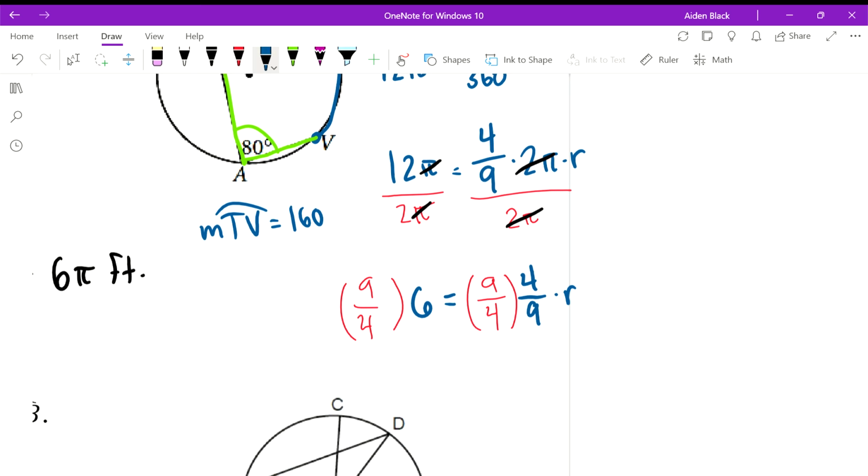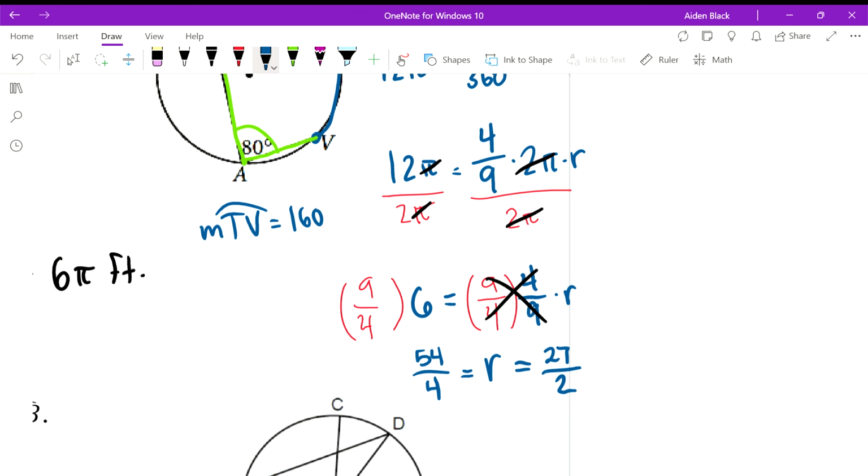What we get is, these cancel, all that's left on the right side is r, and then on the left side, 6 times 9 is 54, so we have 54/4, which reduces to, if you divide the top and bottom by 2, we get 27/2.